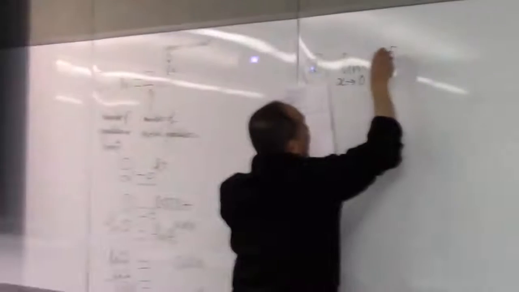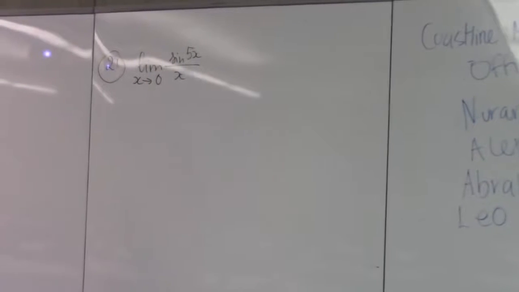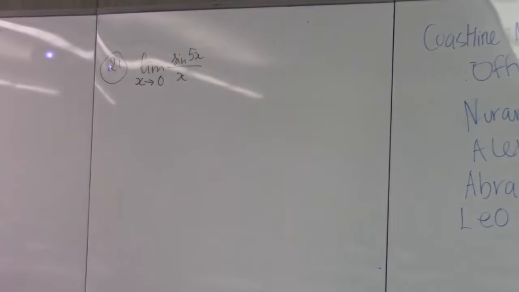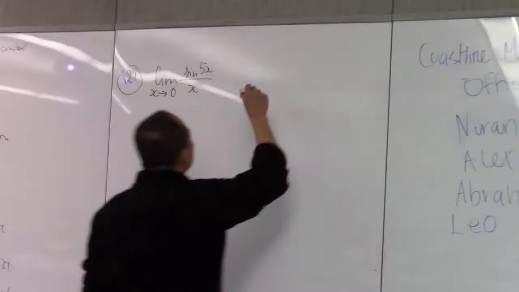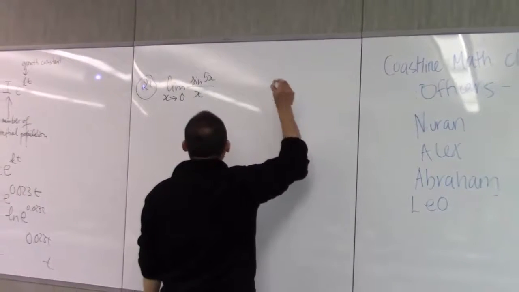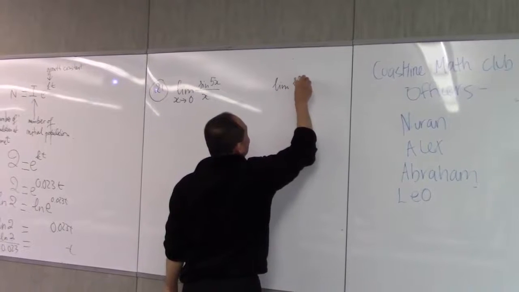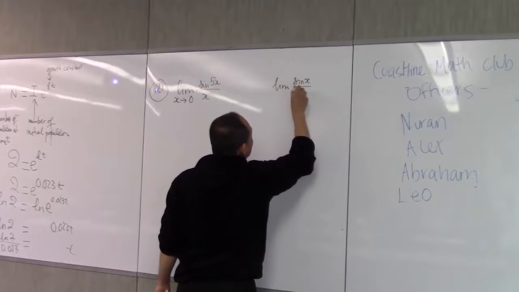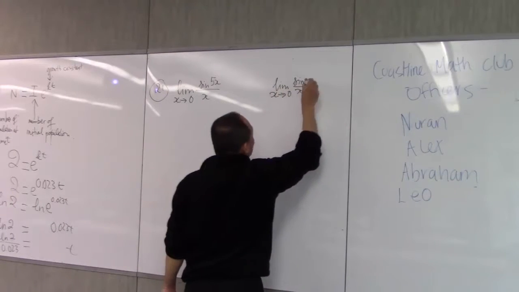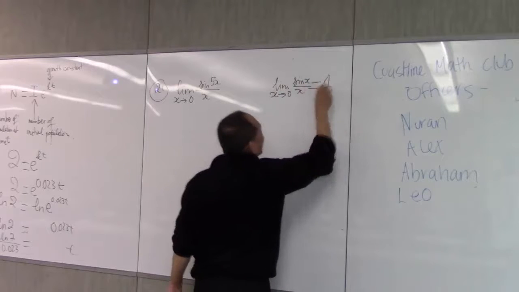Now how do we use that? We know the limit of sine of x over x as x approaches 0 is 1.